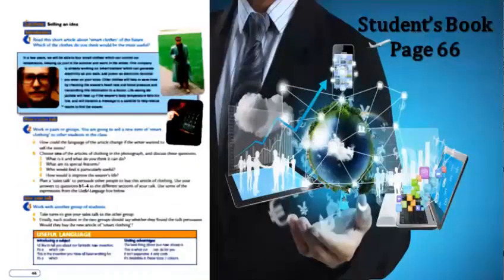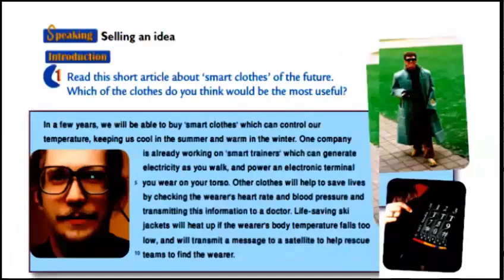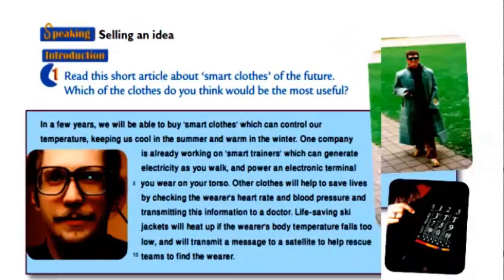Now, please open your student book, page 66. What do we have here in this page? First of all, we have something about smart clothes. Here is an article about smart clothes of the future. We have a question here. Which of the clothes do you think would be most useful? Here we have different types of clothes, smart clothes of the future. I'm asking you a question now.